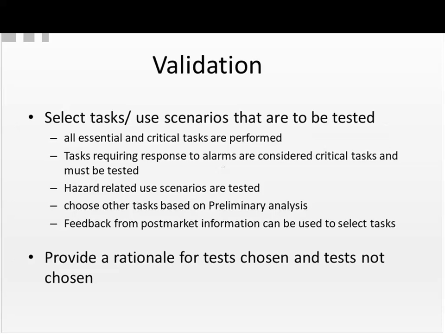And we can choose other tasks and scenarios based on the preliminary analysis that we've conducted throughout the design program. Also, we can use feedback from post-market information about other similar devices to select tasks to be tested. You should provide a rationale for the tests that you've chosen and the tests not chosen.